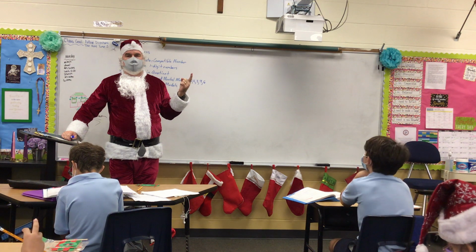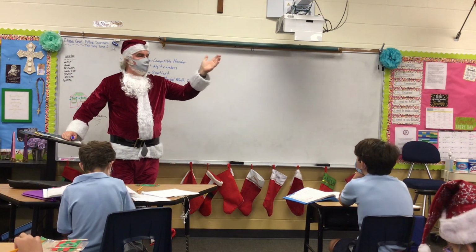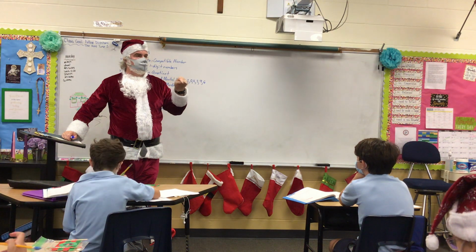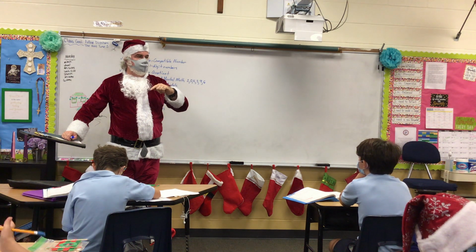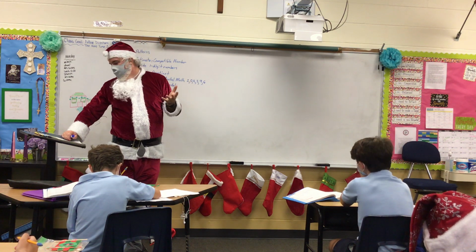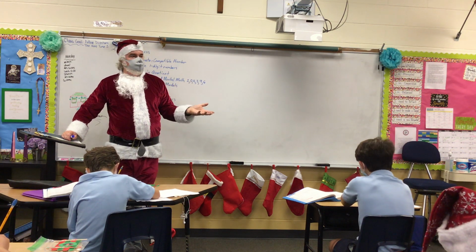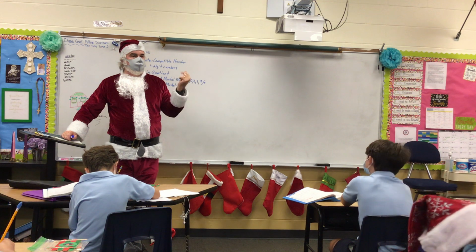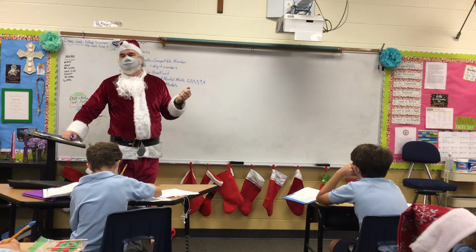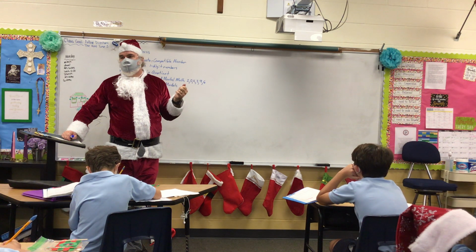Doesn't matter what the other digits in front of it are, the last digit has to be even. In other words, 0, 2, 4, 6, 8. Okay? And it's divisible by 2. To be divisible by 5, Charlie? The last digit has to be a 5 or a 0. Okay?